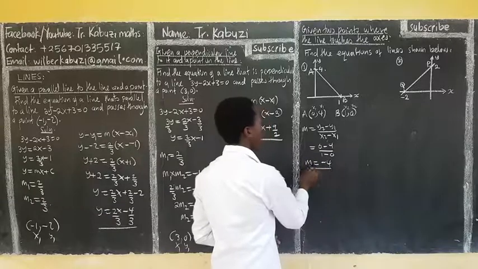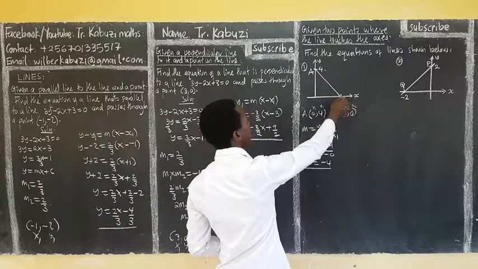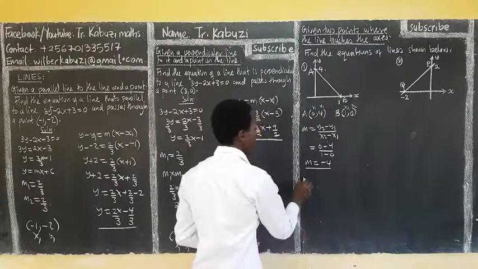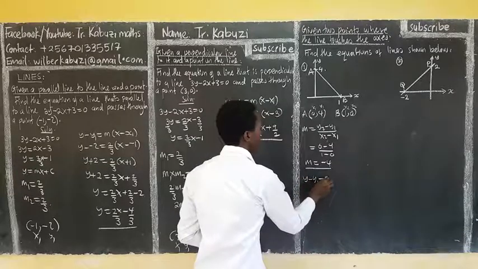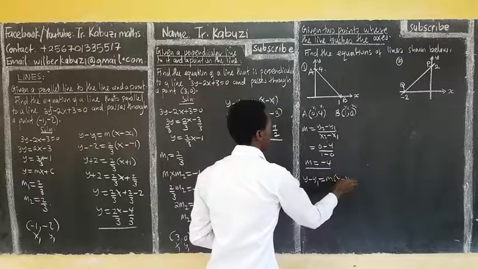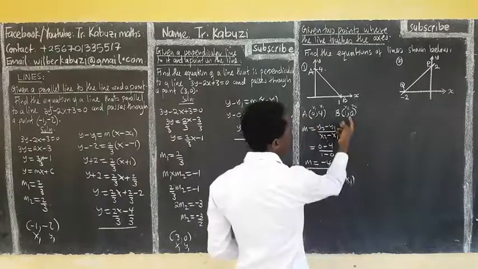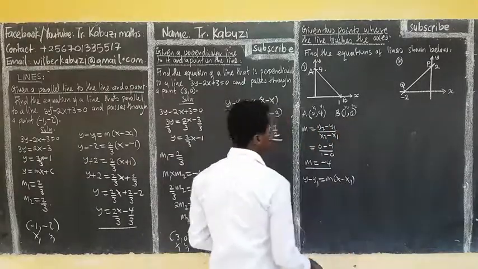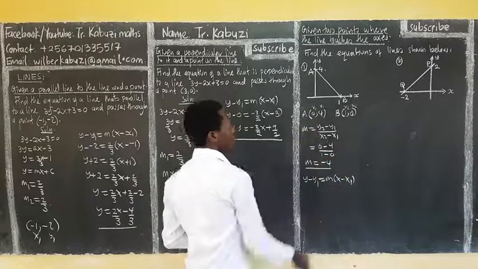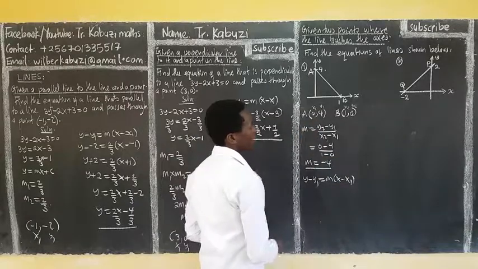If we have our gradient, remember this line is passing through either this point or this, so you choose. Your y minus y1 is equal to n into x minus x1. But it's better to choose this one when y is 0. Even if you use this one, it's also okay, no problem.